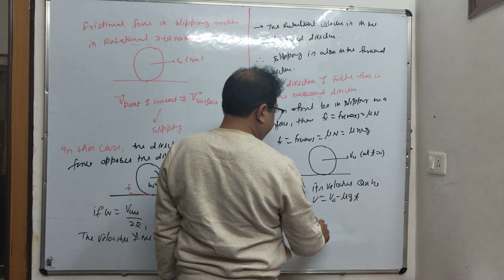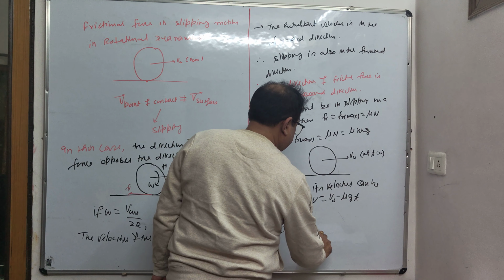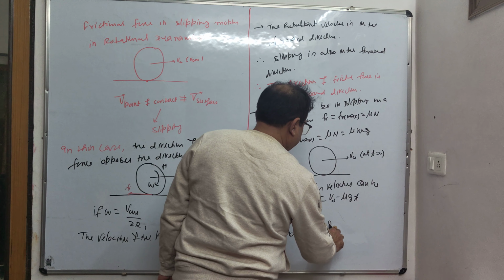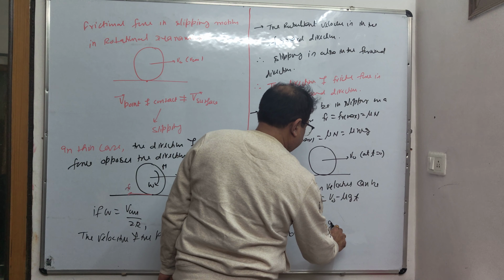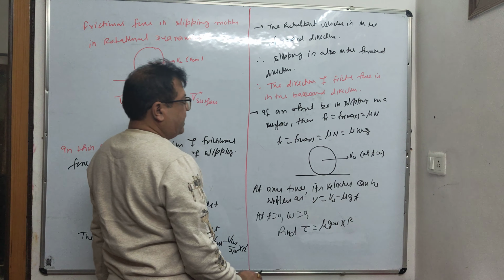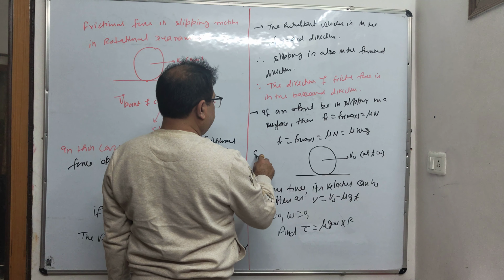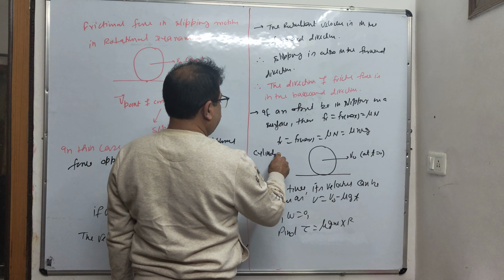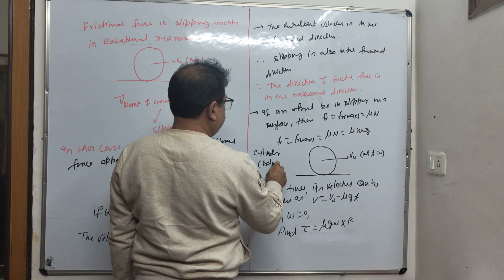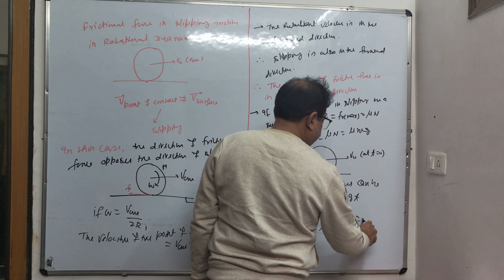Right? So you can find first the torque. So this is mu g m into r, and suppose it is a cylinder, obviously a solid cylinder, then this is equal to I alpha, m r square by 2 into alpha.